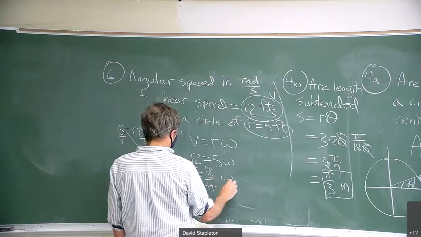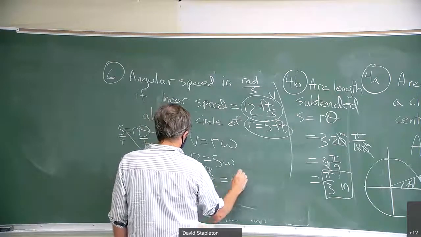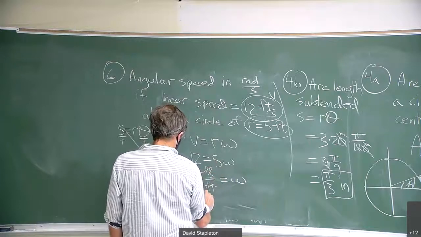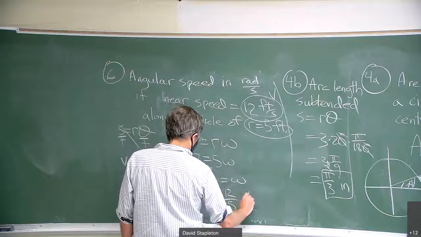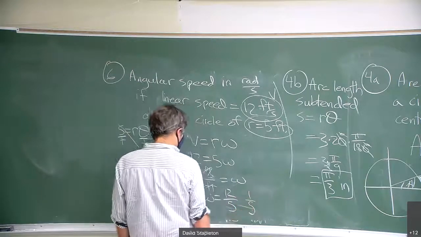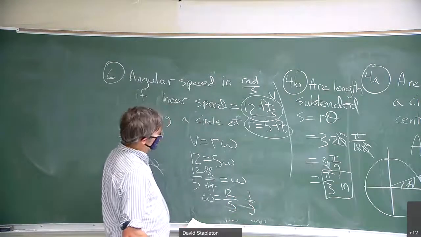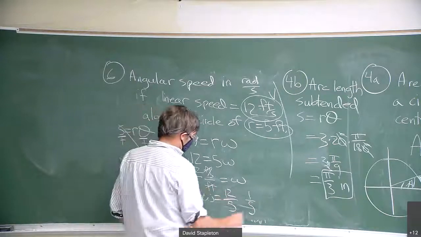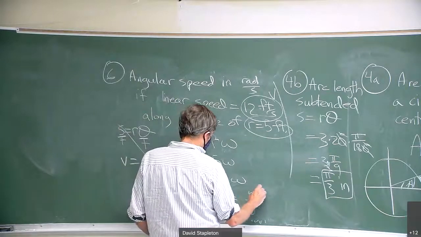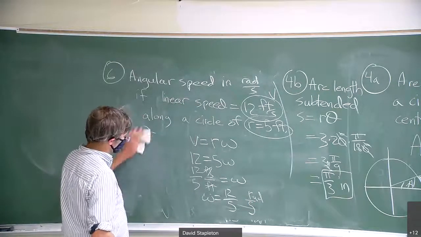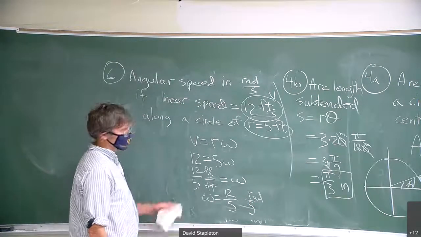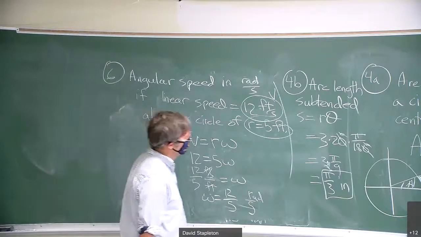So the feet cancel. And you get omega is 12/5 per second. That's what I want. Radians is unitless, so you can also write radians per second. All you had to do was divide.